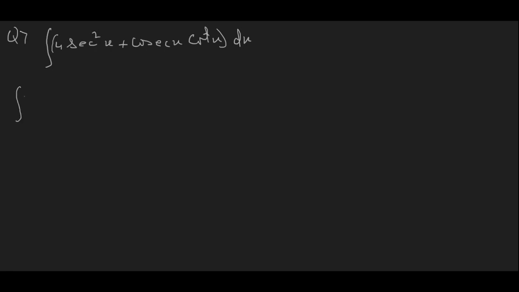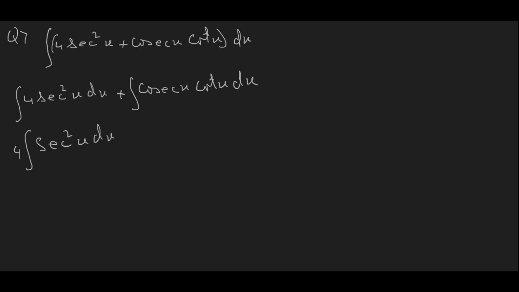So integral 4 secant square x dx plus integral cosecant x cot x dx. Taking 4 outside the integral, we have secant square x dx plus integral cosecant x cot x dx.